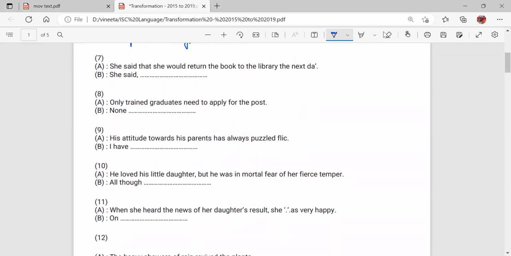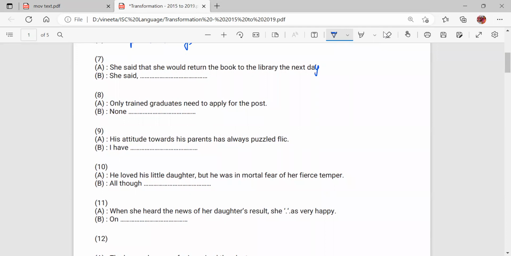Next, she said that she would return the book to the library the next day. It has to be "the next day", and there is no comma here, but in the sentence that you are supposed to transform it into, they have given "she said," comma. So it means you are given the sentence in indirect speech and you have to change it into direct speech.